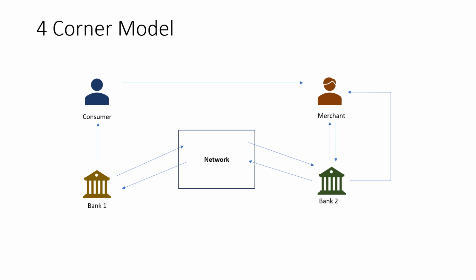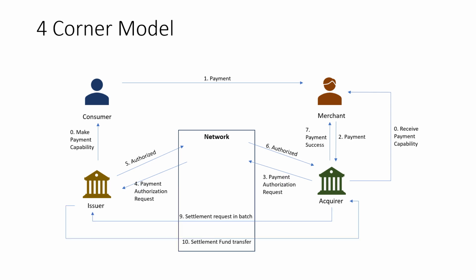For example, RTGS or NEFT in India, or FPS in the UK, etc. But the four corner model came from the cards industry, and it is followed by Visa, Mastercard, etc.